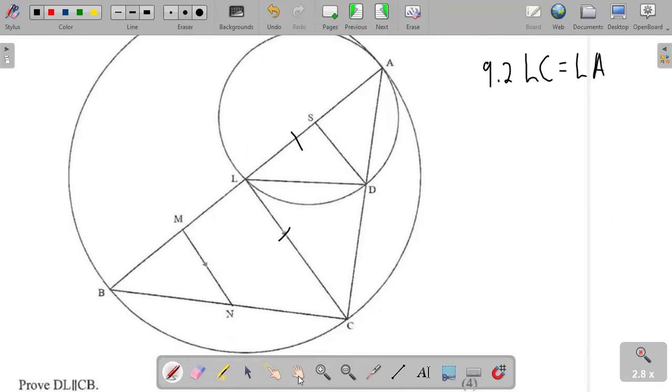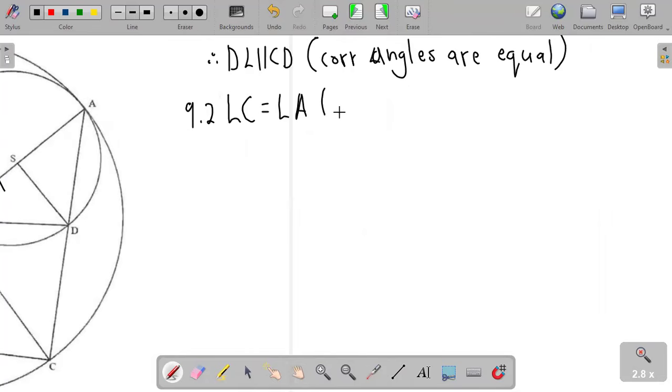What is the reason here? Radii of the same circle. This is the radius in each case. LC is a radius and LA is also a radius.